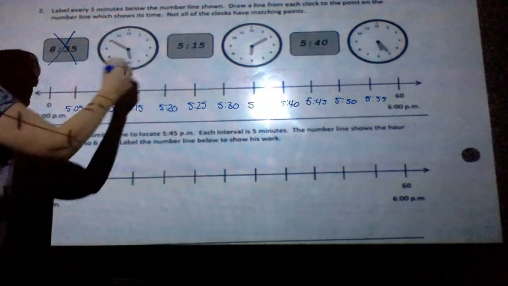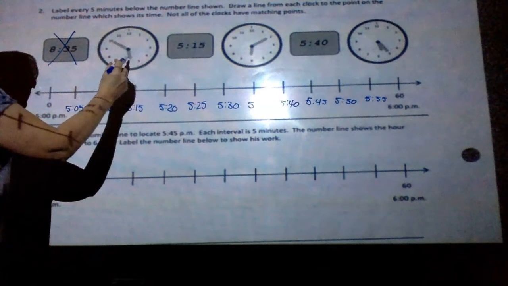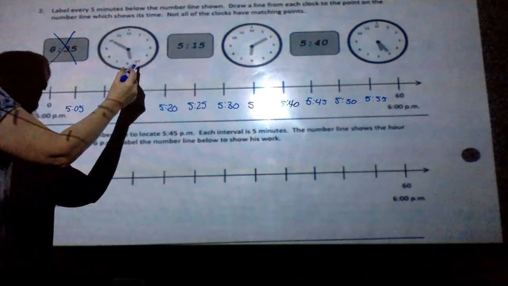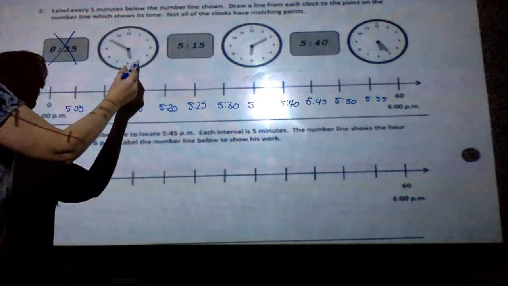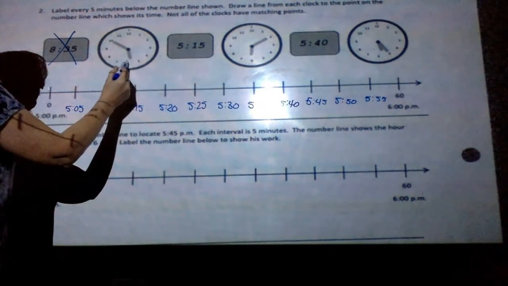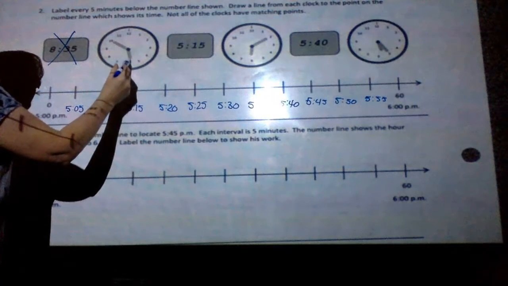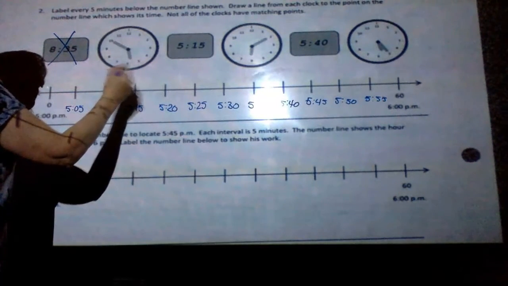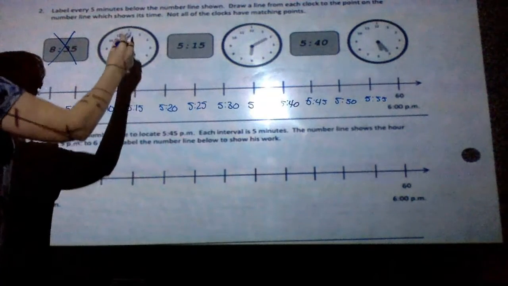This clock looks like your hour hand is between the 5 and the 6. So it is still 5 o'clock. So it's not quite 6. So it's 5 what? Let's start at the 12.